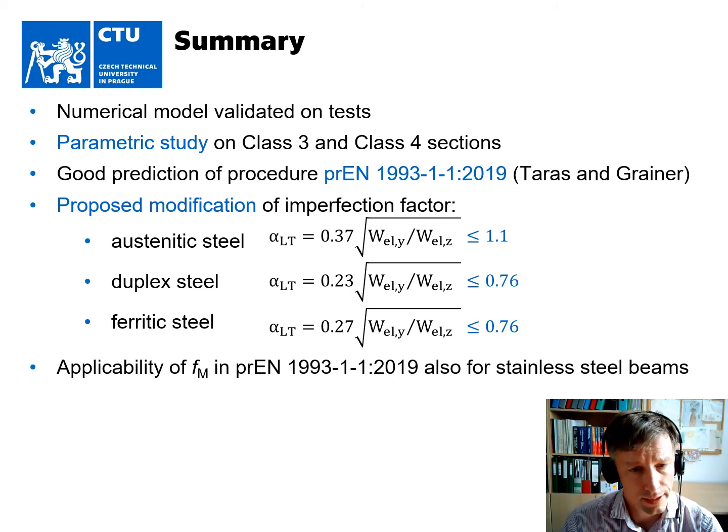We have observed a good prediction of the procedure published by Taras and Greiner, with imperfection factor constants proposed by Fortan and Rossi, where we have included also some upper bound limit for this factor.